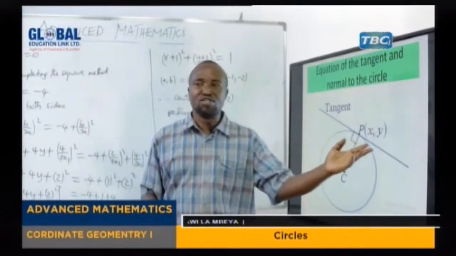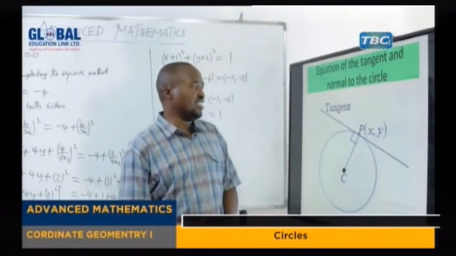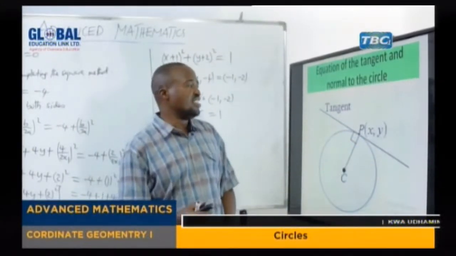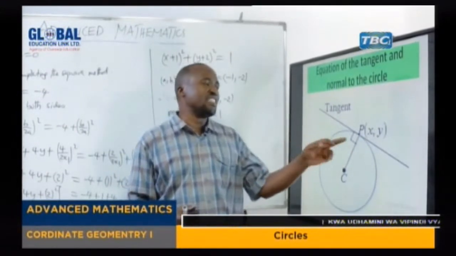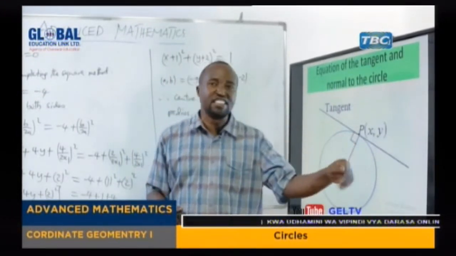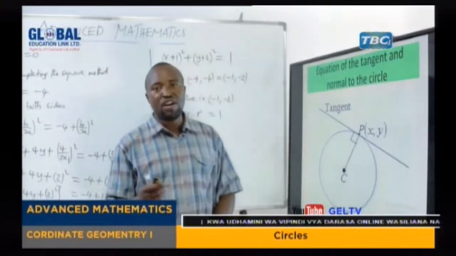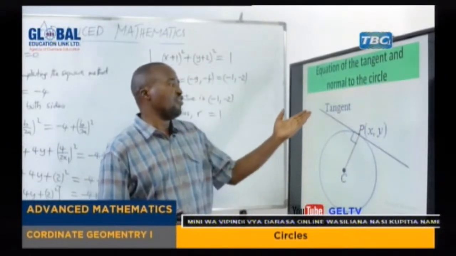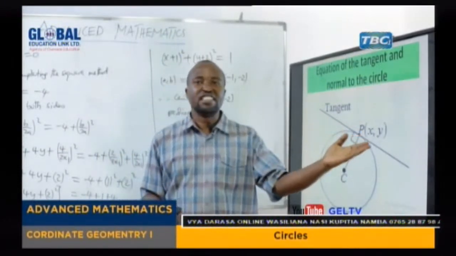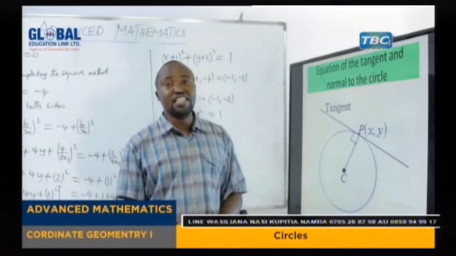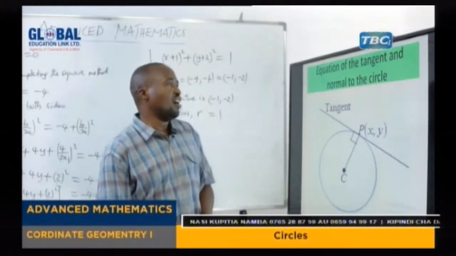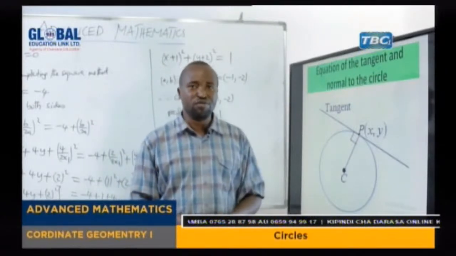So this line is called the tangent line. So a tangent line is any line which touches just a single point of the circumference of the circle. So our interest here is to find the equation of this tangent line. But again, later on, we are going to see how to find the equation of the normal.